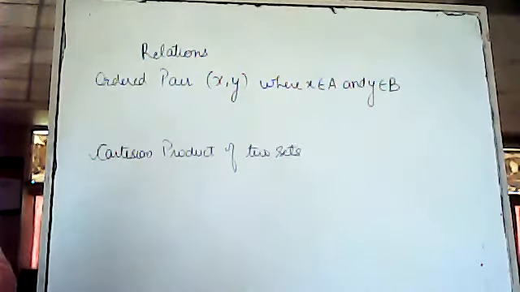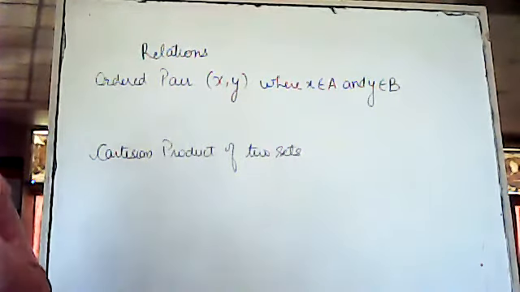Next is the Cartesian product of two sets, or Cartesian product of sets. Write down the next definition, that is, Cartesian product of sets. Let A and B be any two non-empty sets.